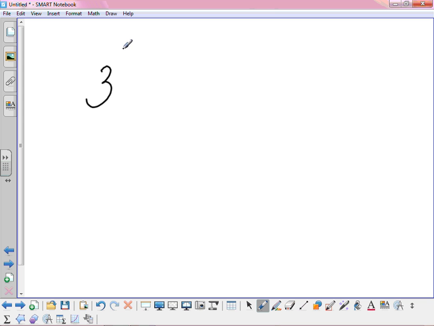Decimal exponents, if you end the decimal, well, it's some fraction, isn't it? So it's actually 3 halves, isn't it, that one?